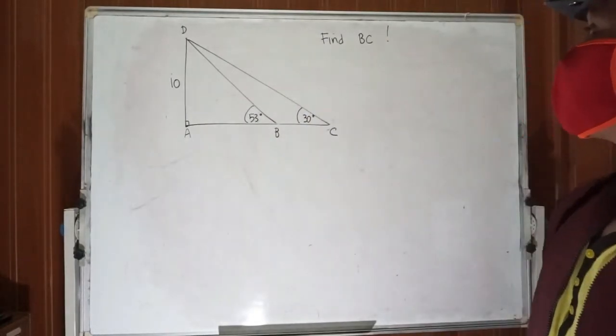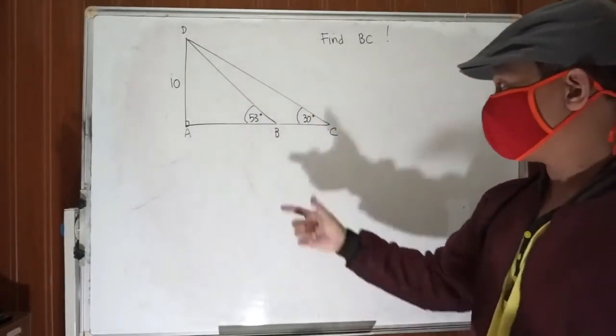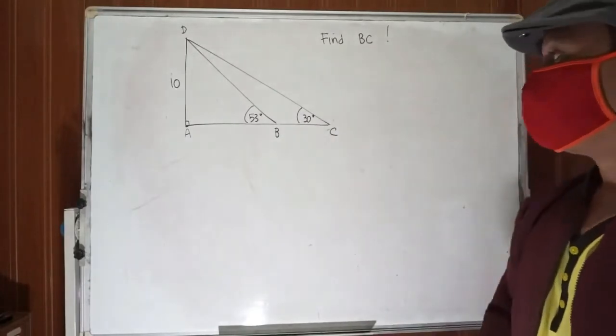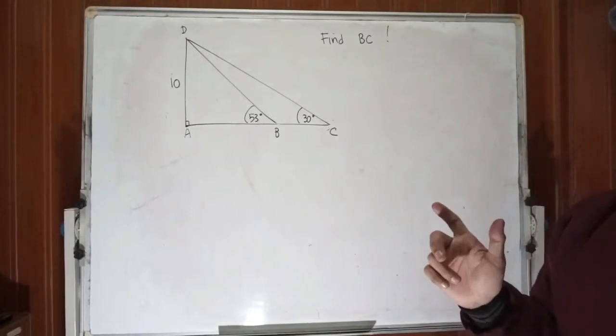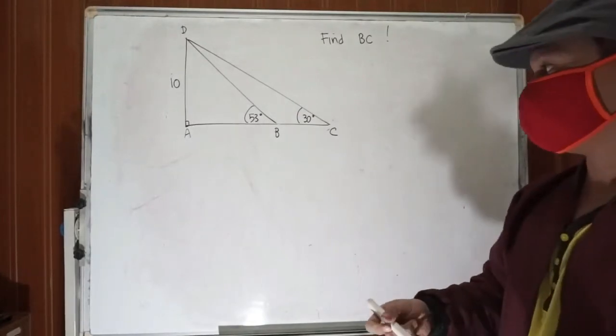The question is, find BC. Okay, students, trigonometric ratio covers the right angle triangle.